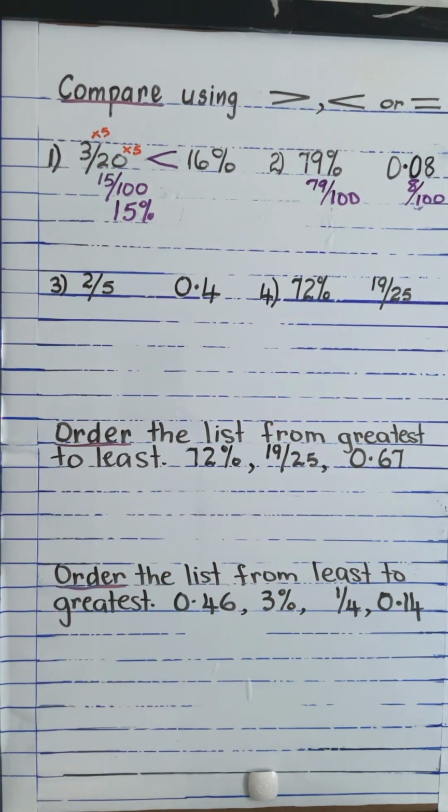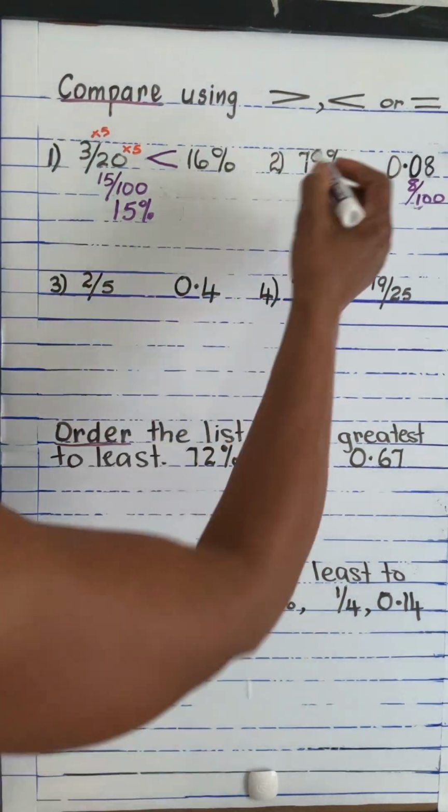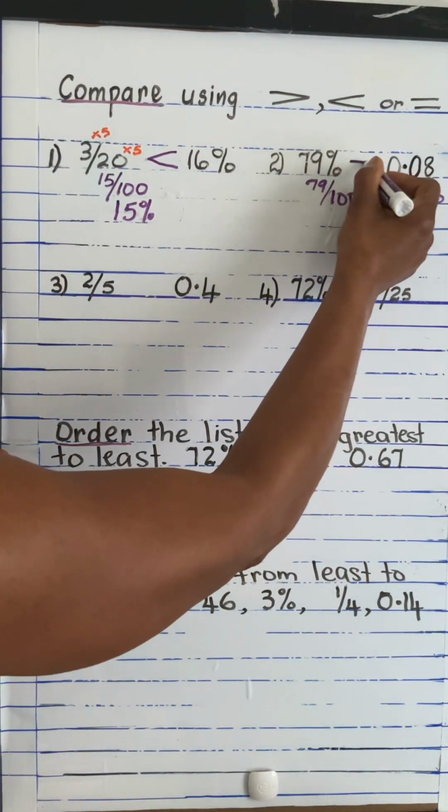And we know that 79 over 100 is greater than 8 over 100. So we're going to put our greater than symbol right here.